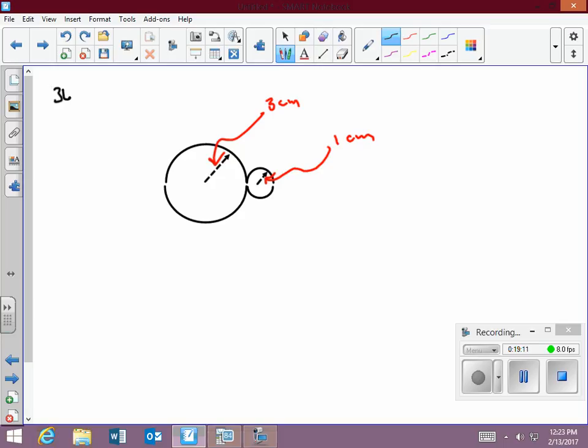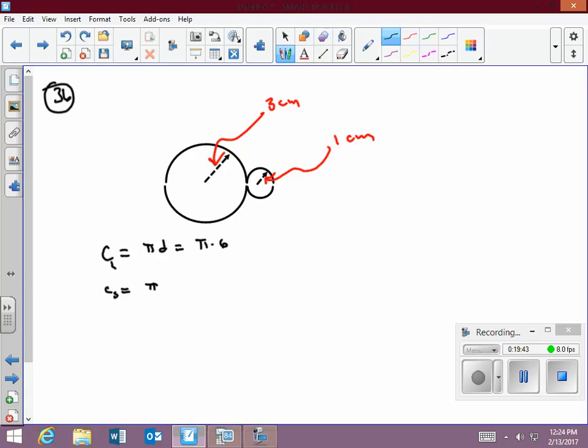Any ideas? First, you need to find circumference. Circumference of the larger one? And that's pi times the diameter. So in that particular case, it's pi times 6, 6 pi. And then the circumference of the smaller one is pi, isn't it?